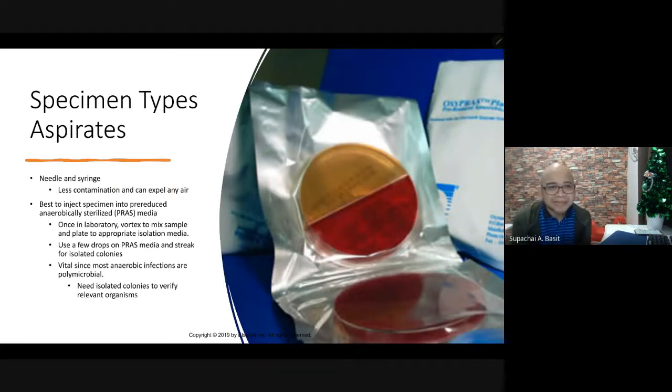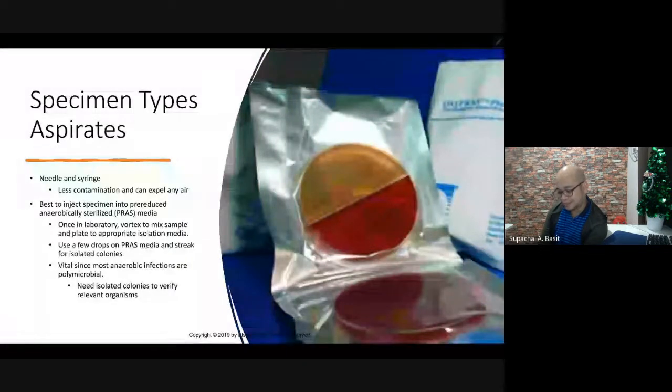So for specimen types, aspirates would need needles and syringes. Okay, less contamination, and whenever we are using a syringe, we can also expel air. And then it is best to inject in PRAS media. Ano bang ibig sabihin ng PRAS media?